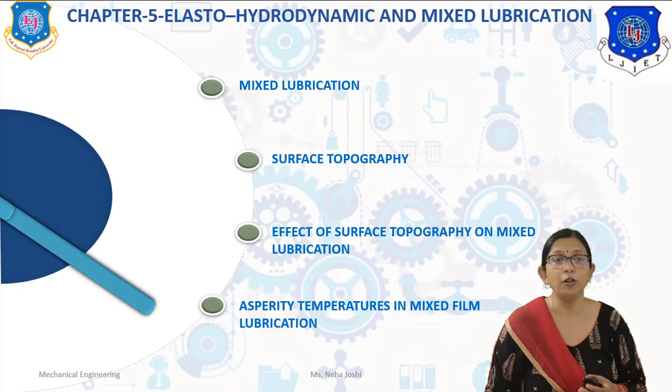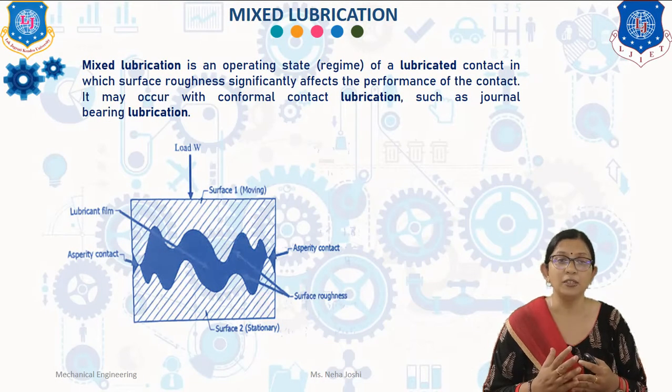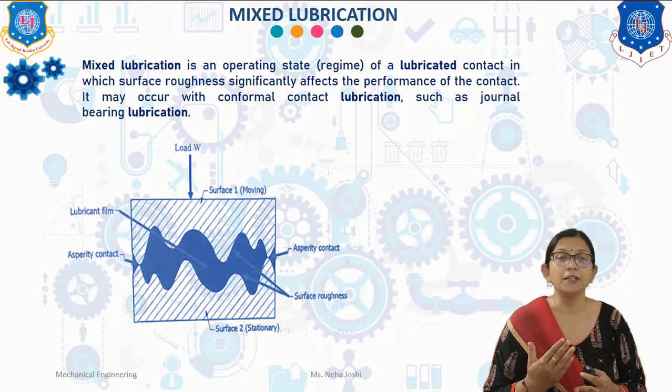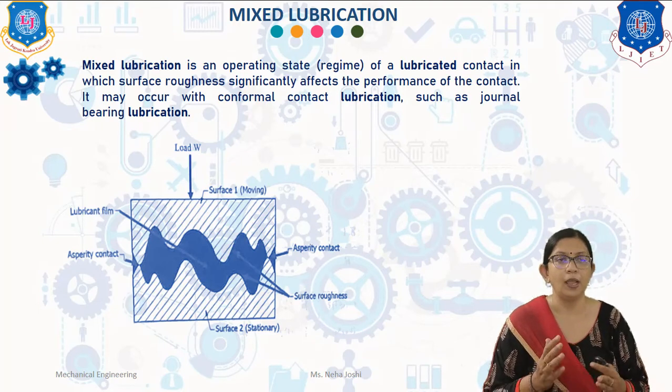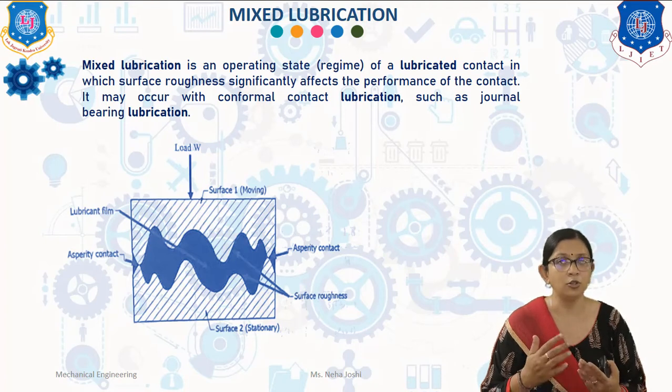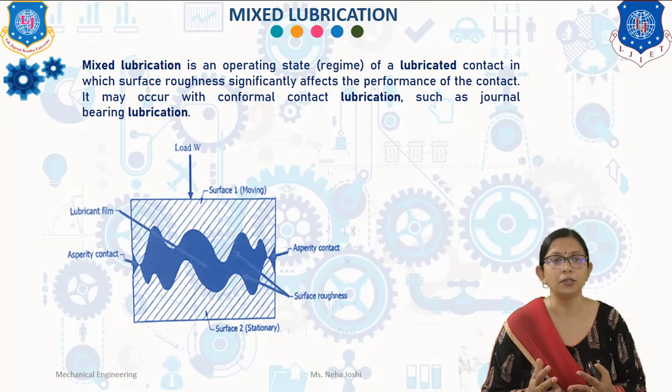Now first of all, what is mixed lubrication? Mixed lubrication is an operating state of a lubricated contact in which surface roughness significantly affects the performance of the contact. It may occur with conformal contact lubrication such as journal bearing lubrication. In many applications like gears, cams, valves, the operating conditions warrant the operation to lie in a mixed lubrication region.